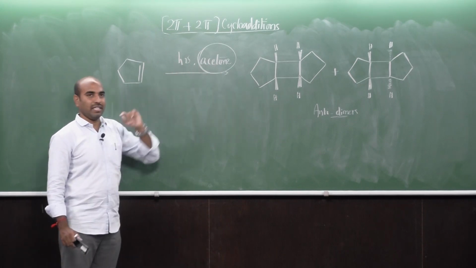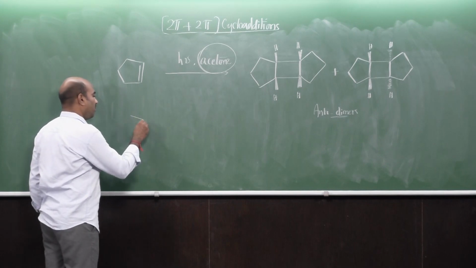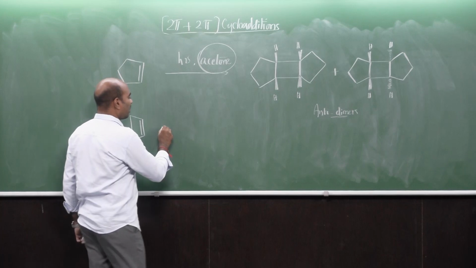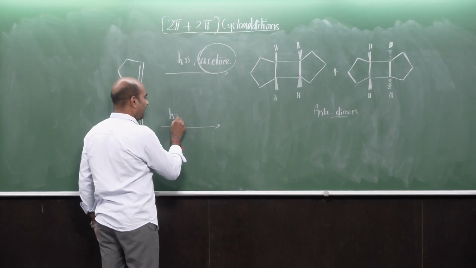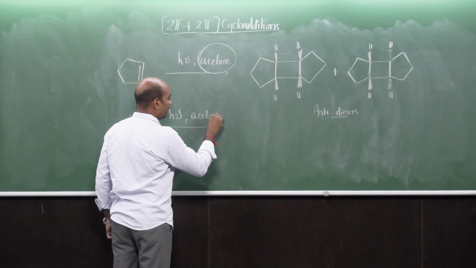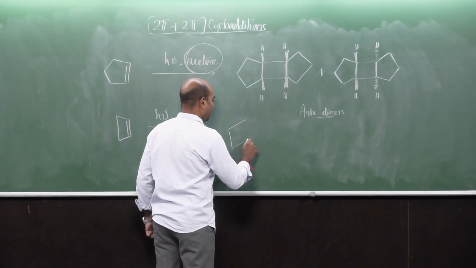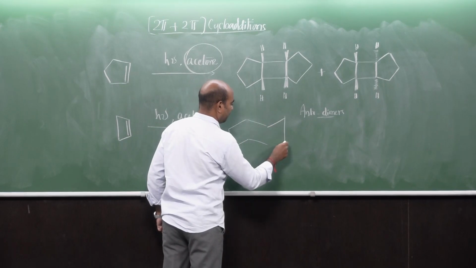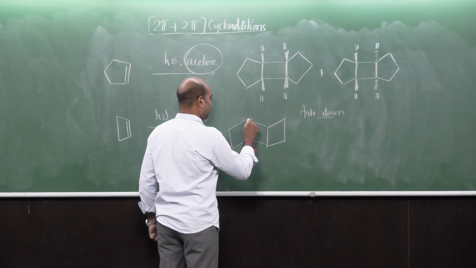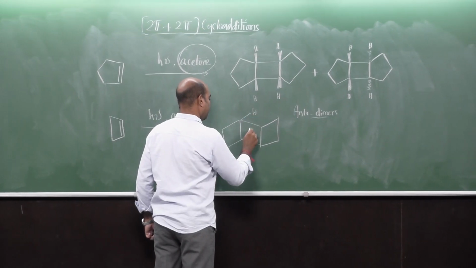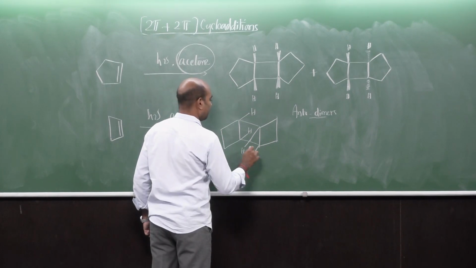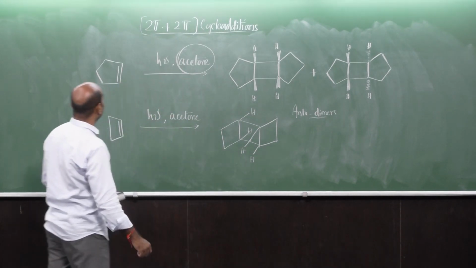You will get anti-dimers. So, what if you use cyclobutene? This cyclobutene again on irradiation, that means under the photochemical conditions in the presence of a sensitizer like acetone, you will get to see the dimer.